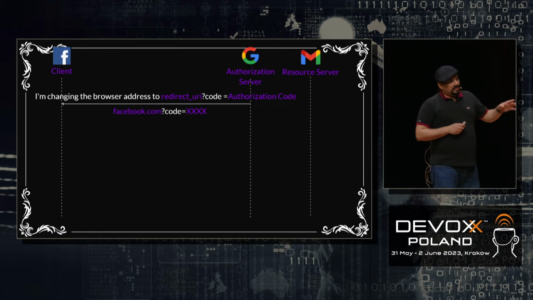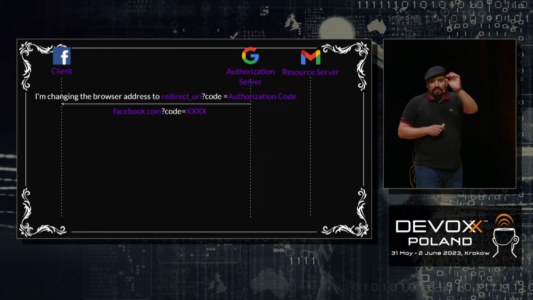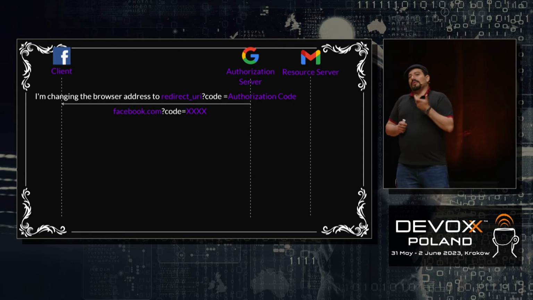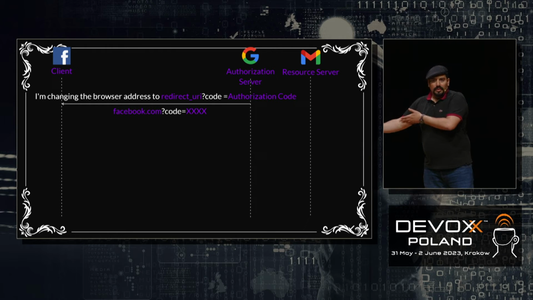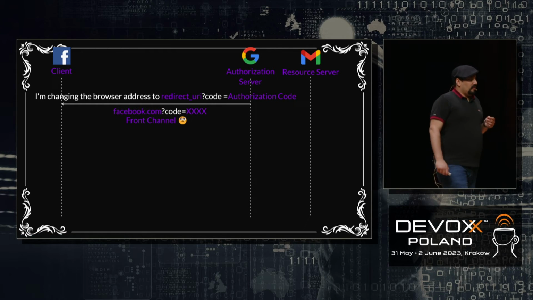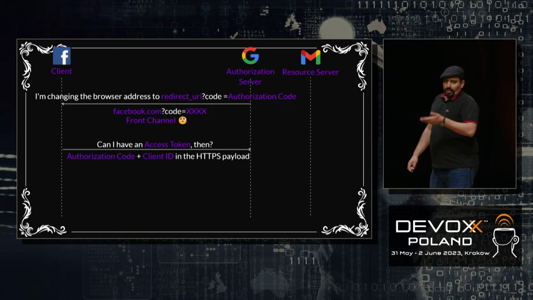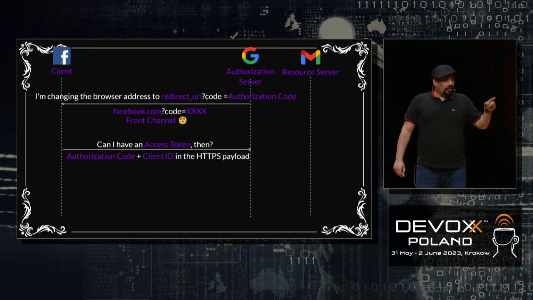So basically here, this is the example. Usually you have code equals authorization code in the URL. So let's assume that it reached Facebook. So with the authorization code, Facebook has to create a back channel now with Google. In real life, this is a direct HTTPS connection from one backend to another one, or it can be directly from a script, a JavaScript, from the domain of Facebook, inside the browser that is calling Google.